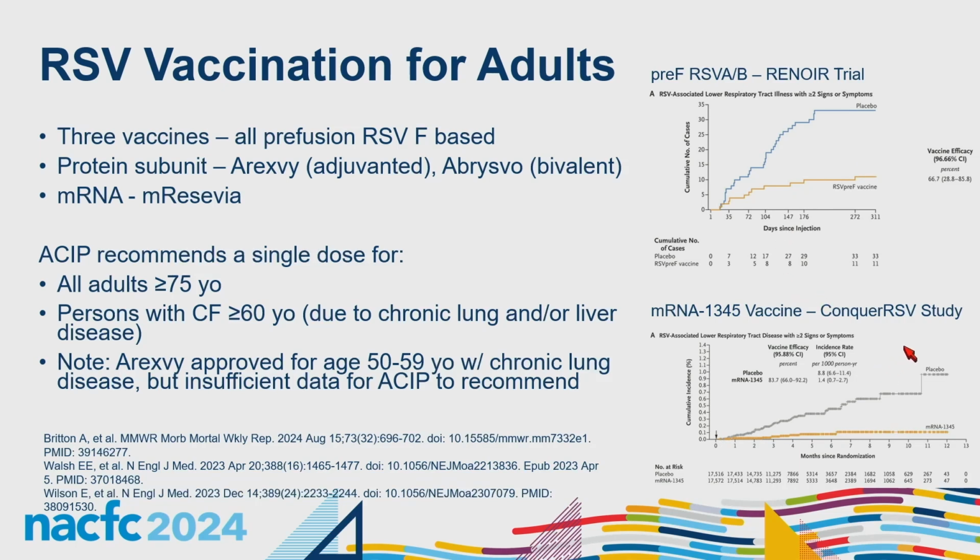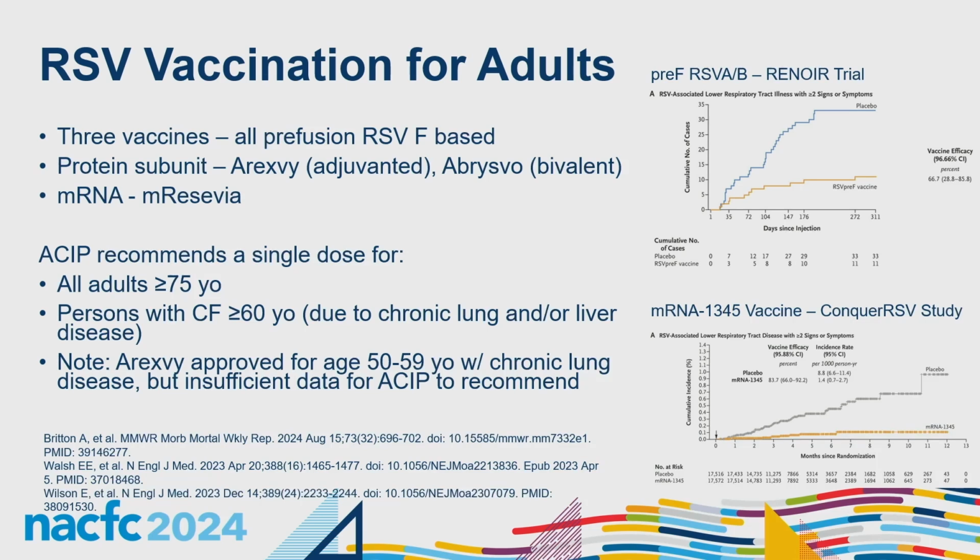Whereas in the CONQUER RSV study, which was the mRNA vaccine, efficacy was approximately 80%. I will say that all of the adult studies for RSV vaccines were essentially running during the lower rates of RSV seen during the COVID pandemic, and so the outcomes had lower rates than were initially expected.